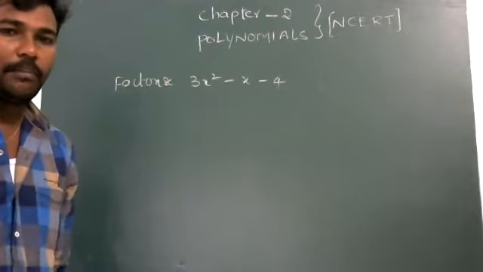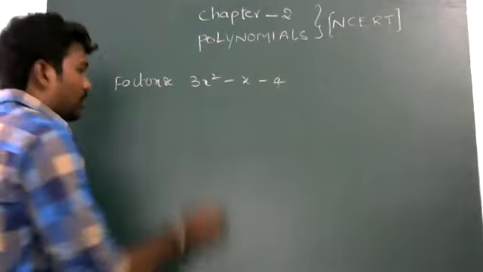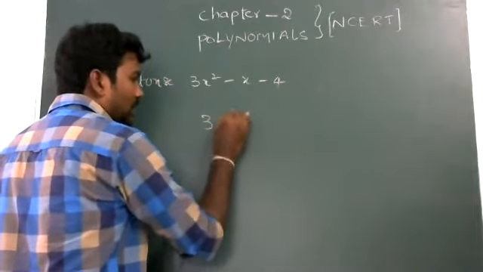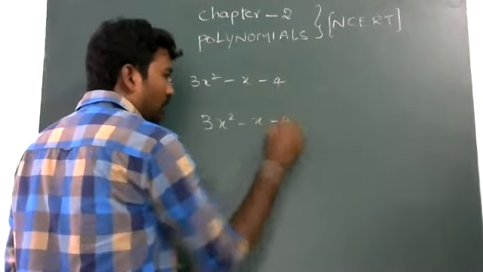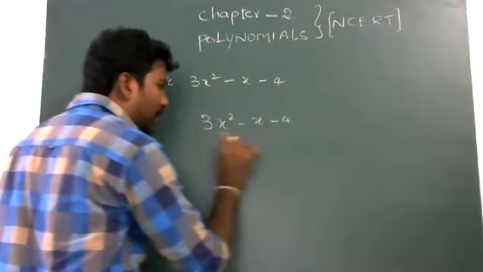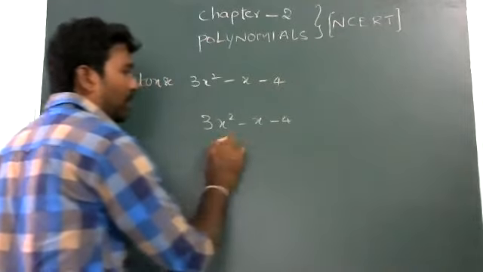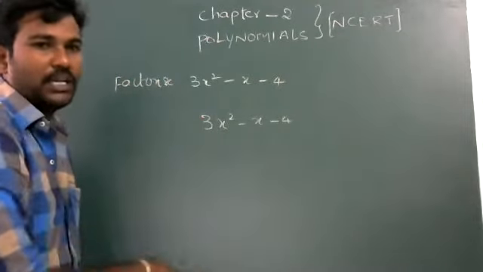3x square minus x minus 4. First of all you can write the terms in a proper order, whatever it may be, ascending order or descending order.